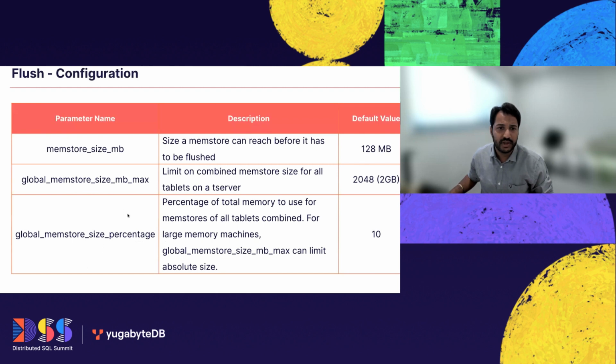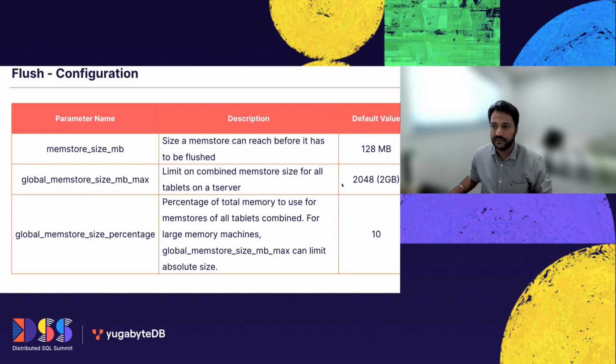These are just the configuration flags that we just talked about. Memstore size MB is the size that a memstore can reach before it is queued for flush. The default is 128 MB, and it can be changed. Global memstore size MB max is the limit of the combined memstores for all the tablets on a T-server.